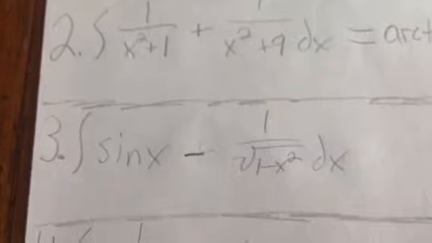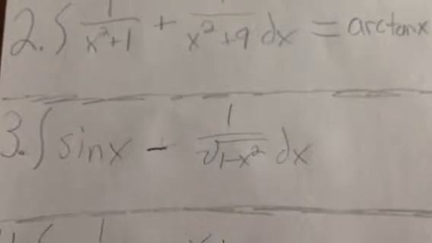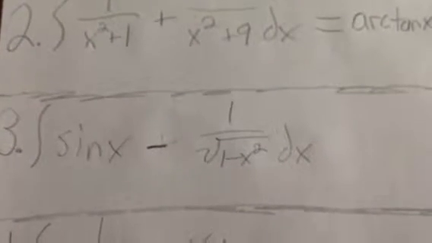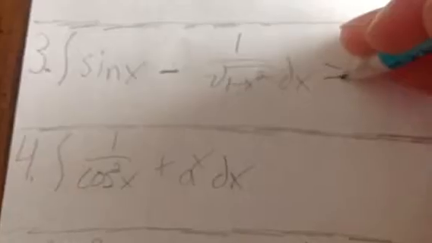Now for this one, the integral of sine x minus 1 divided by the square root of 1 minus x squared dx. It's set up a little differently, but you solve it pretty much the same way. So the integral of sine of x is equal to negative cosine of x.